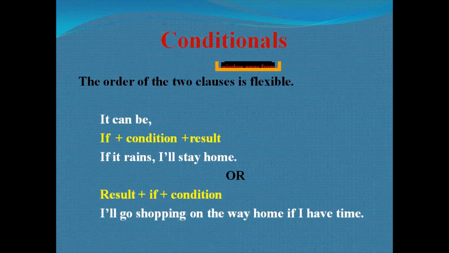So this is the only difference. If you state your condition first and then you state your main clause or the results of that condition, you would place a comma in between. But if you state your results or the consequences first in the form of main clause, you won't place any comma afterwards.